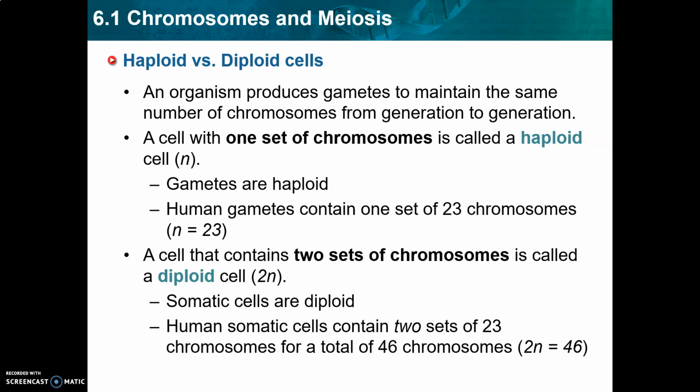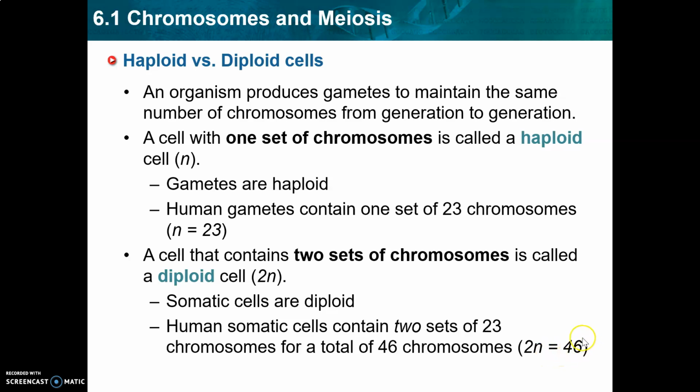Now, in humans, our somatic cells contain two sets of 23 chromosomes. You may hear this as we have 23 pairs. Two sets means that every single one of our chromosomes comes in pairs. So that gives us a total of 46. So now if we look at our 2N designation, 2N tells us we're talking about a diploid cell.